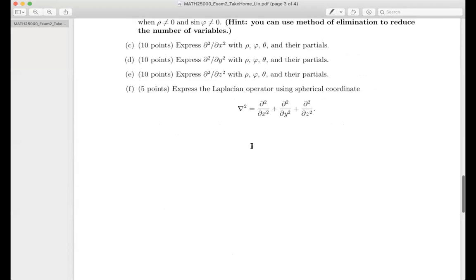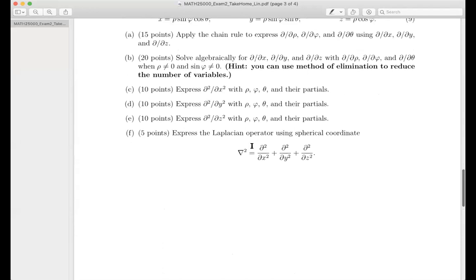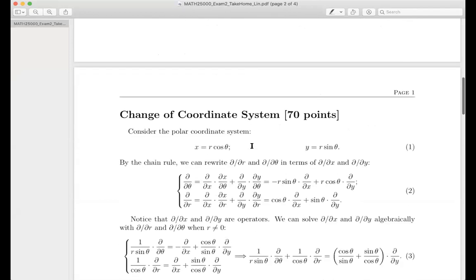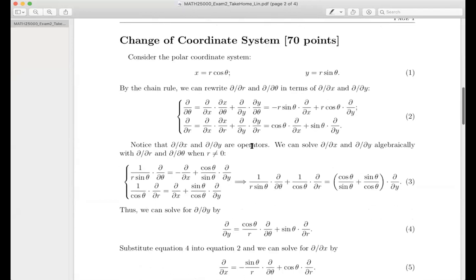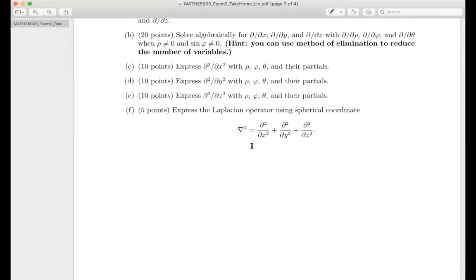And why were we interested in finding the Laplacian, other than it was the question? What was the value of being able to find this? So the application for such a change of coordinate system is to solve, for example, some partial differential equations, like the Schrodinger equation.